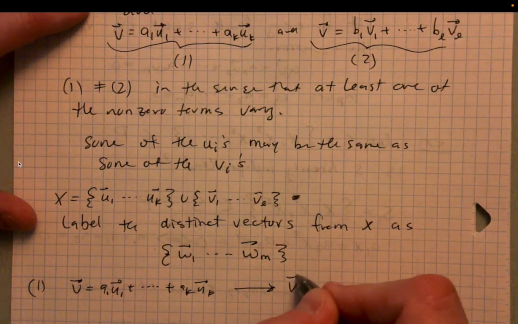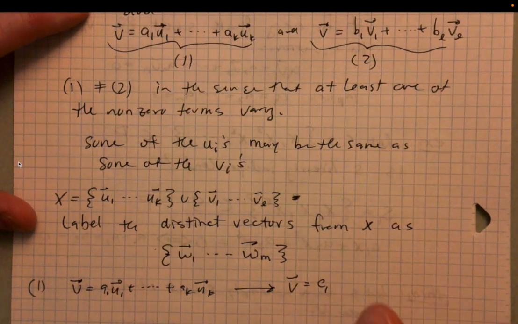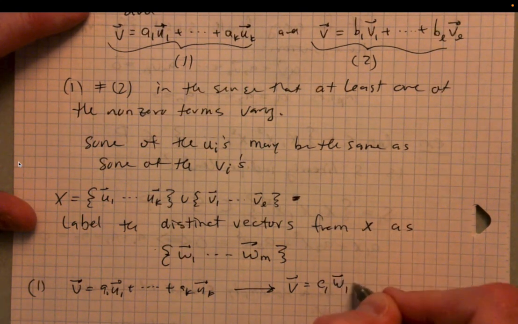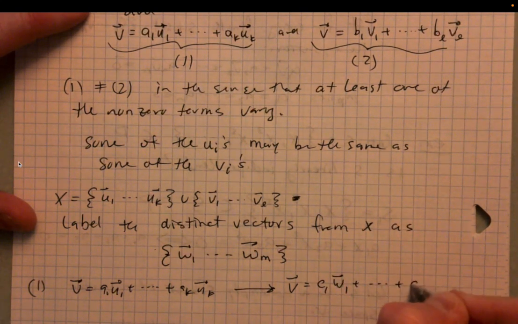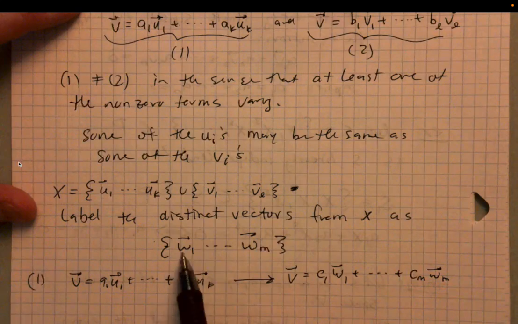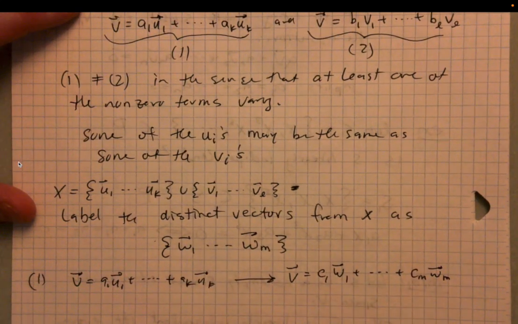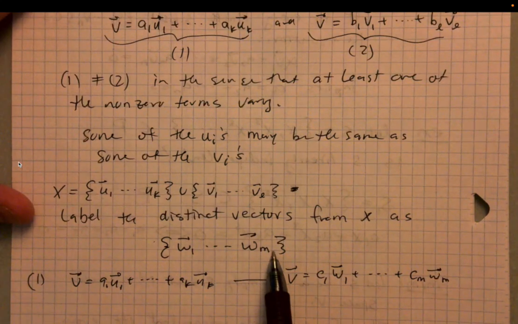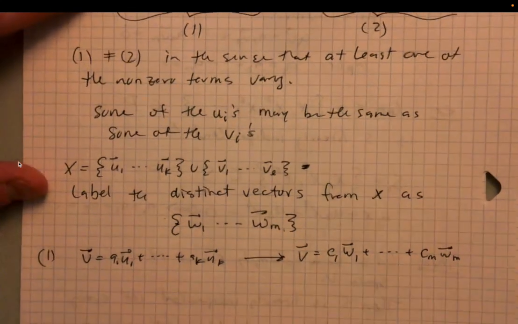So V is equal to C1 W1 plus dot dot dot plus CM WM. Some of these C's may be 0 if, for example, WM isn't one of these vectors. You can just write it as 0, that's fine. We're going to express V using all the vectors, and the ones that aren't relevant, just put a 0 in front of them.